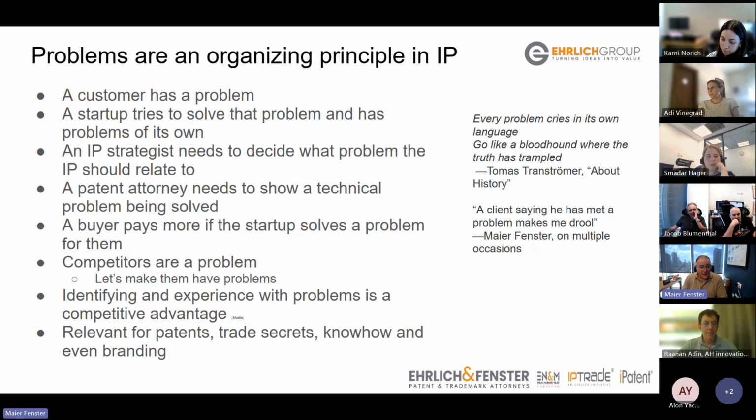We'll see below that identifying and having experience with problems is actually a competitive advantage for a company. And when we talk about problems, the type of IP that is relevant is at least patents, trade secrets, know-how, and even branding. So problems are everywhere and really help organize our work.